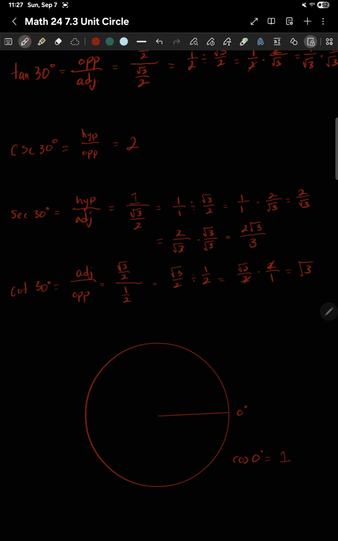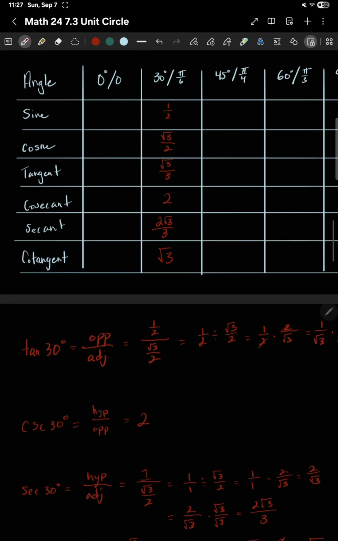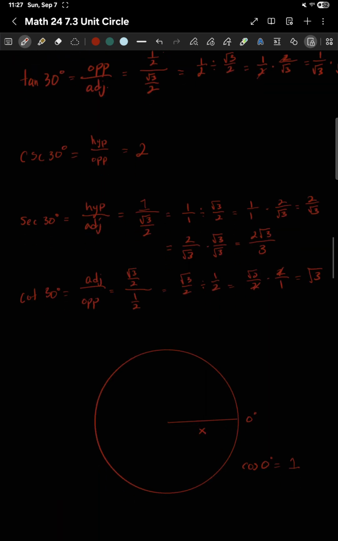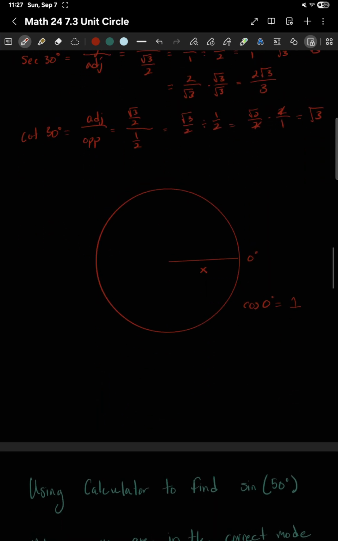We kind of don't even really have a triangle, but this x value here is going to be equal to 1 because it's the same as the radius. So cosine of 0 degrees is going to be equal to 1. And sine of 0 degrees, well, that's usually the height of our triangle, but since this is our reference angle, we don't have an angle to create a triangle.